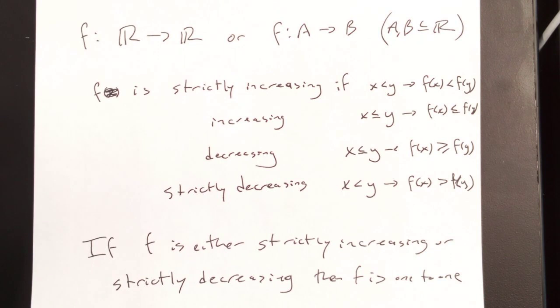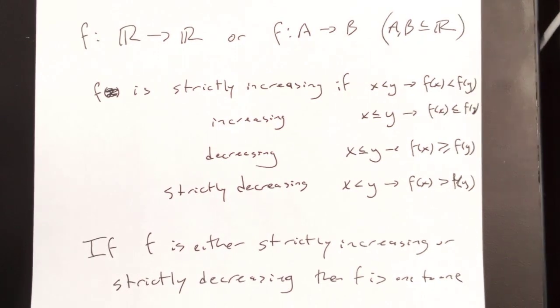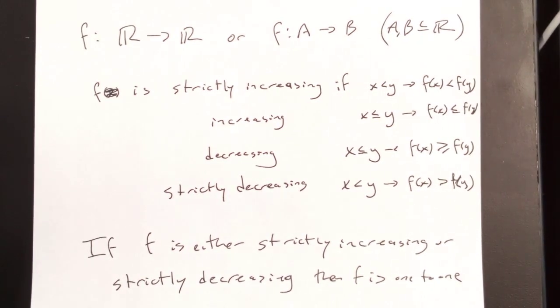Seth? We never allow x to be equal to y. And to be 1 to 1 means that different inputs go to different outputs. And the only way to have the same output is to go up and come back down somewhere. Increasing means you can't come back down. Decreasing means you can't come back up. You're going one way. You can't turn around and hit the same horizontal line twice.